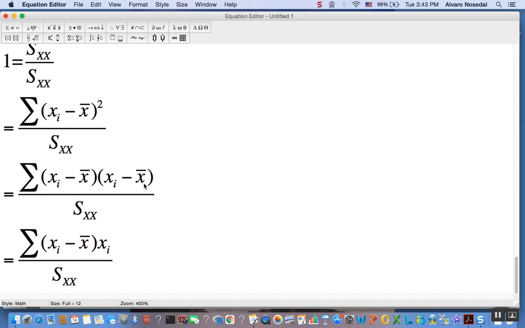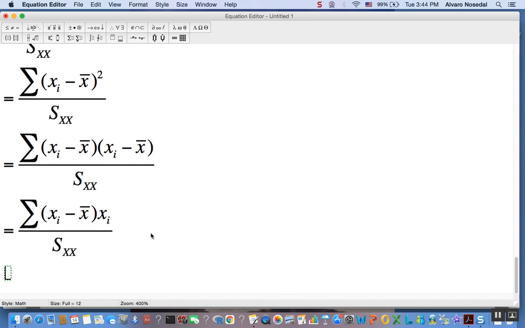Just expand and you'll see that the same trick works. All you have to do is expand, and realize that the x bar here can be factored out, and then show that that second term is 0, and that's it. The same trick that we used for the cross product.